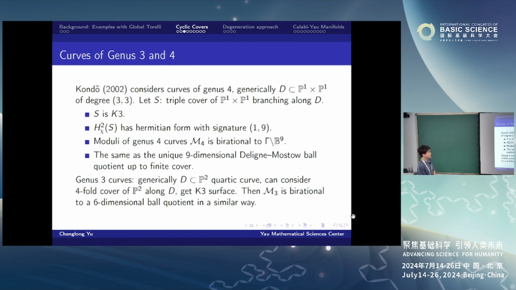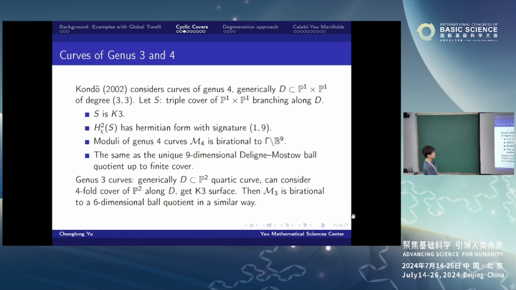And inside P3, generically, if it's not hyperelliptic or the theta invariant is not equal to 0, then it's an intersection of a smooth cubic and a smooth quadric. And this smooth quadric inside P3 will be isomorphic to P1 cross P1. So when you take the intersection with the cubic, the bidegree will be (3,3).